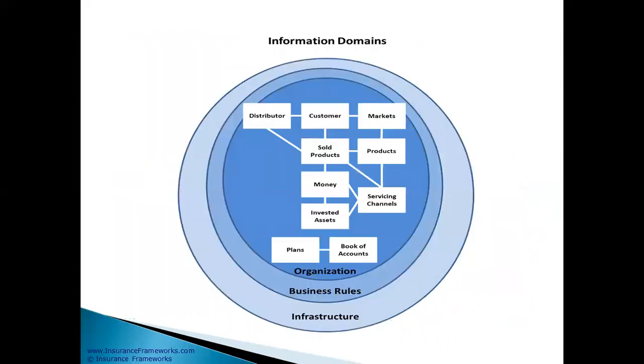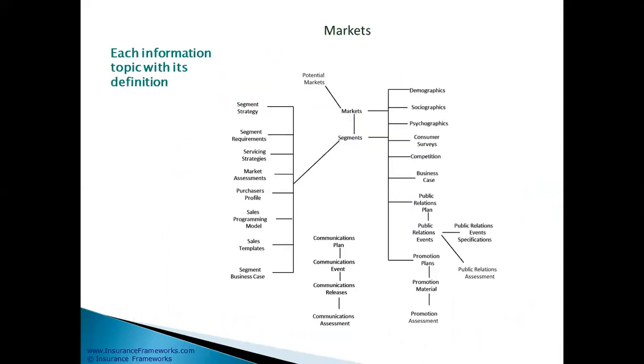We also have information domains, and those information domains are structured, and there are also definitions for each one of those information topics. There are 13 domains of information in Panorama 360.